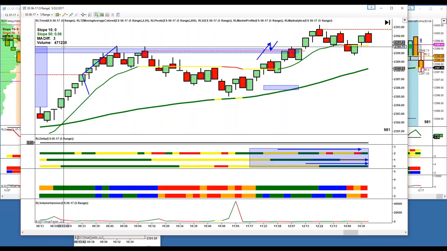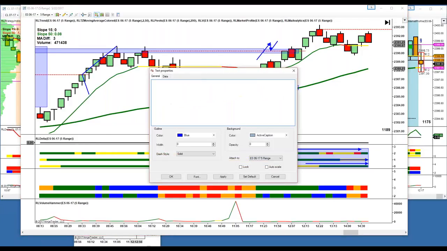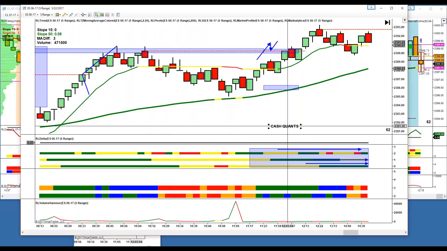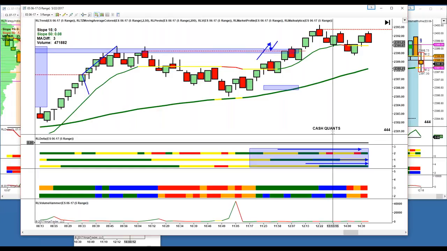What we're going to do is create cash quants, and we're going to project them onto the futures market. And we're going to look at the direction of institutional money into the actual cash E-mini S&P, into the cash Dow, into the cash NASDAQ, into cash.